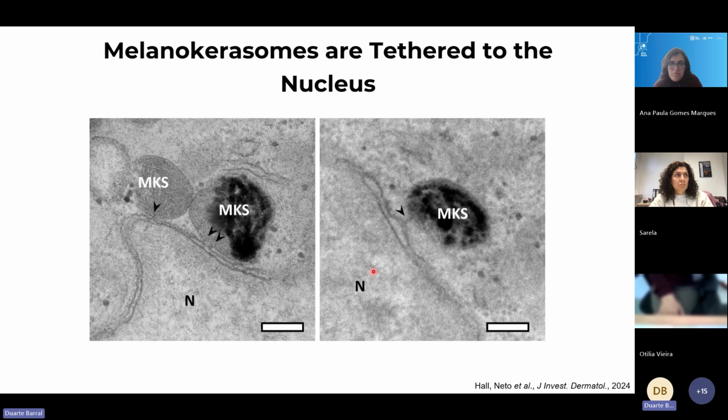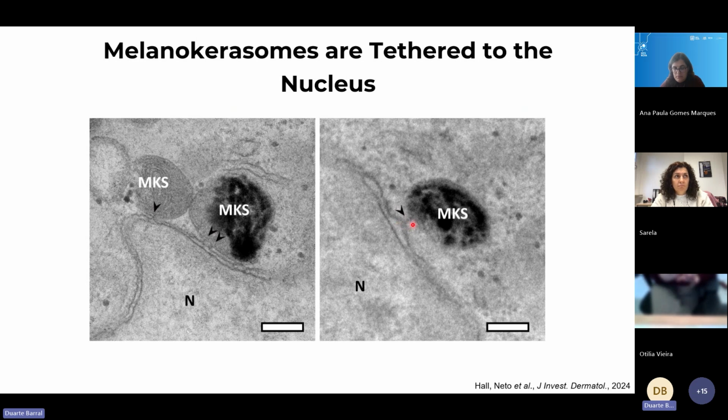And we also saw, interestingly, using this model, something that was never seen before, not even in the skin, because probably people didn't look thoroughly enough. We saw this tethering of the melanokerosomes to the nuclear envelope, here the nuclear envelope, and we saw these membrane tethers, which we are now trying to characterize to find what exactly makes this membrane tethering.